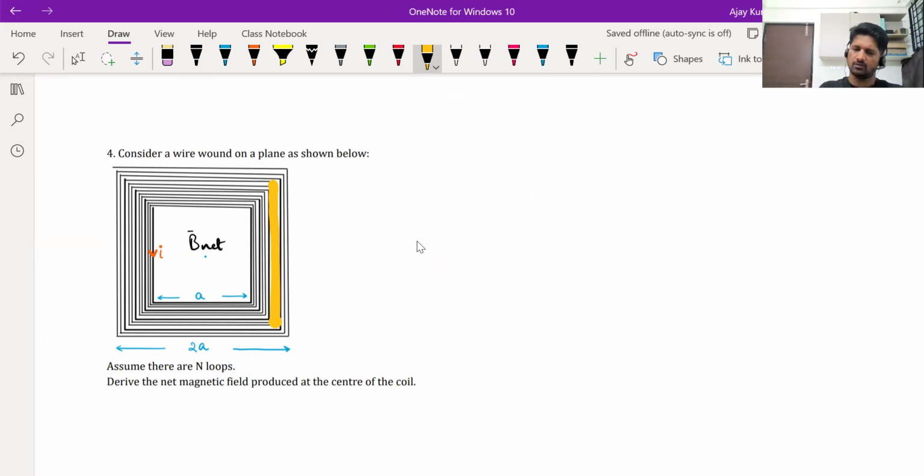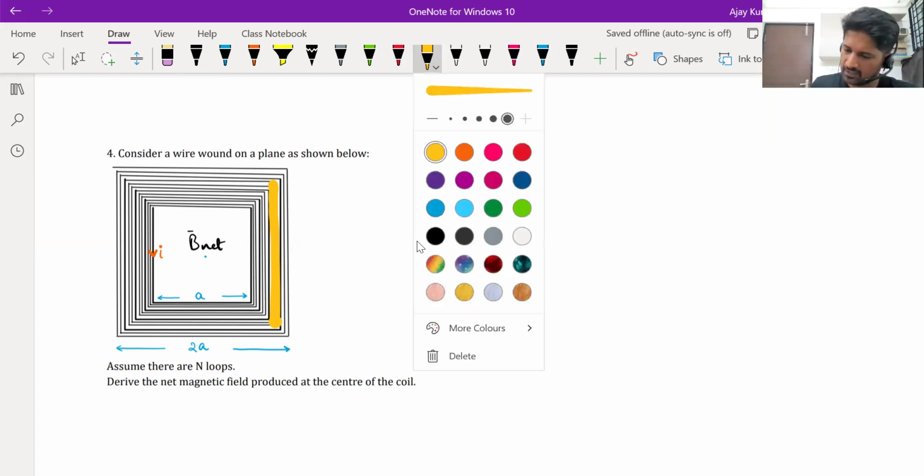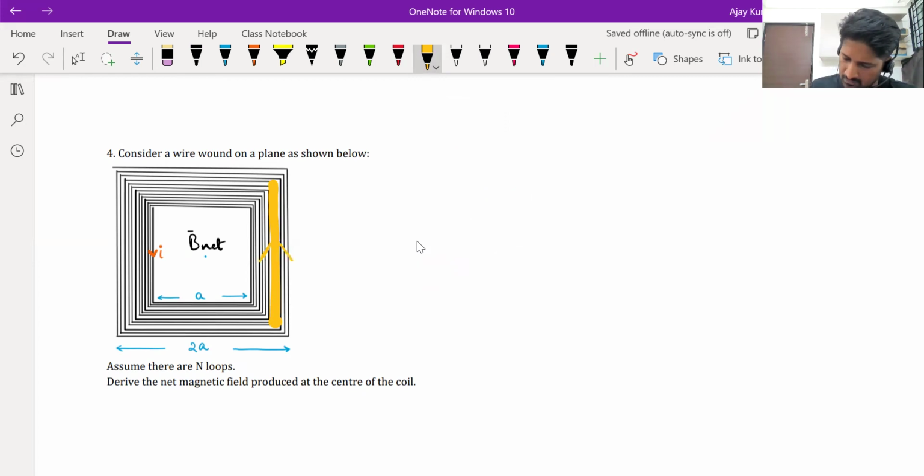Current is flowing anti-clockwise, so in this straight wire, the current will be flowing up. Now, this is a coil, right? If the current in the wire is I, then every single line will have a current I here. So if you consider this yellow one as a single line, then its current is I. Assume it is at some random distance.